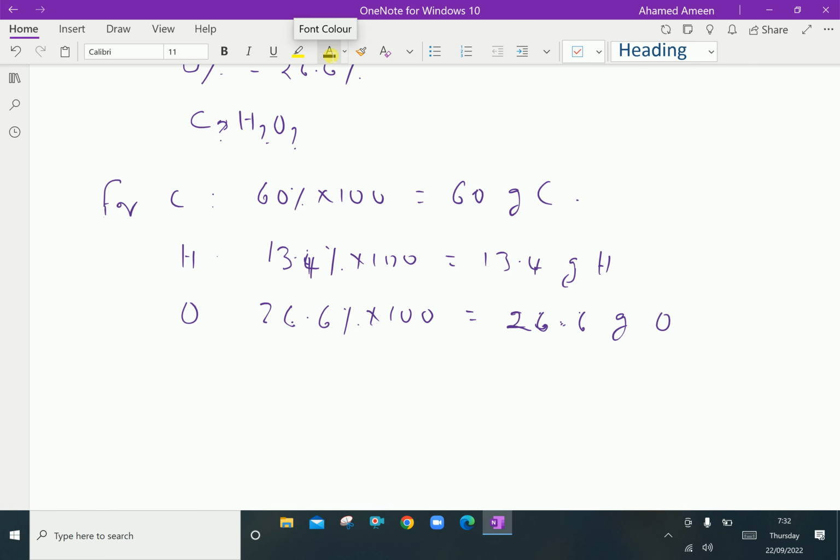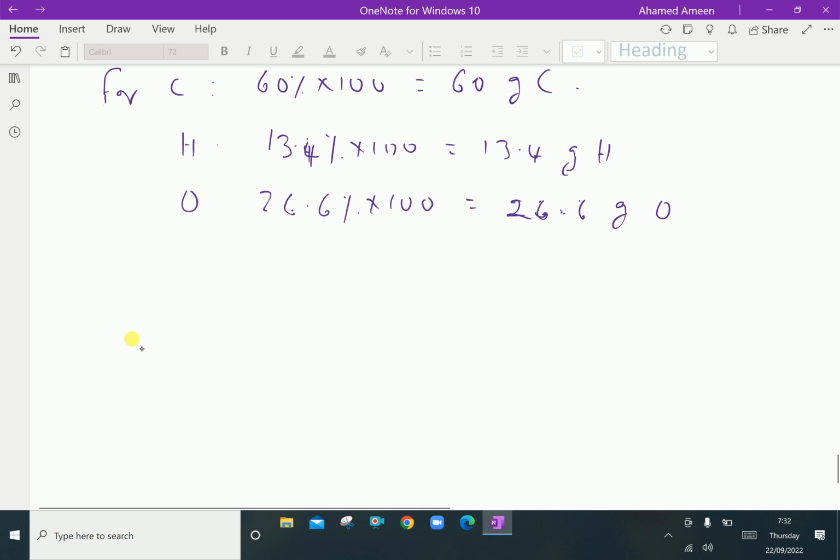To convert the mass of each element into the amount in moles, you must multiply with a proper conversion factor, that is the molar mass. Molar mass of carbon: 60 times 1 mole of carbon over 12 gram of carbon. That means 12 gram of carbon is 1 mole.